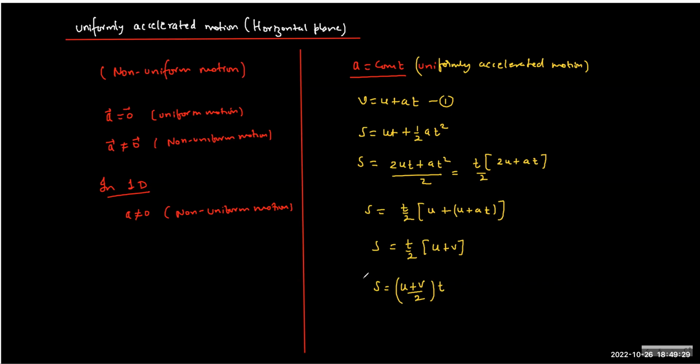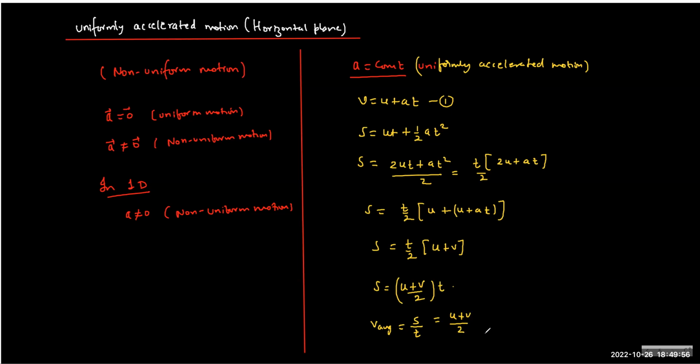You can find the displacement directly by using the formula (initial plus final) by 2 into t, which is also known as the average. Why? Because average speed is defined as total distance over total time. So this will give you the answer s by t equals u plus v by 2.